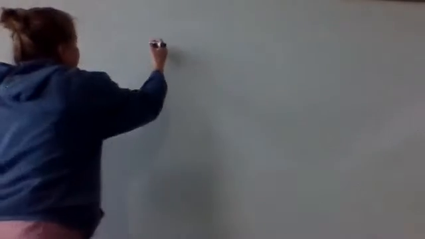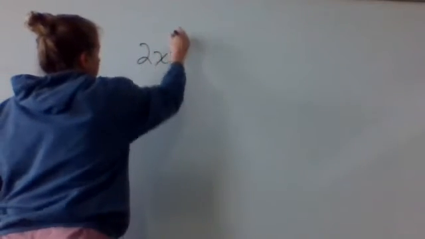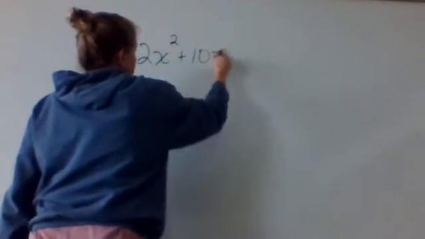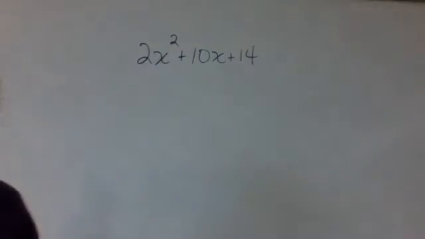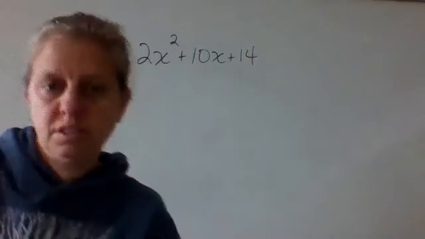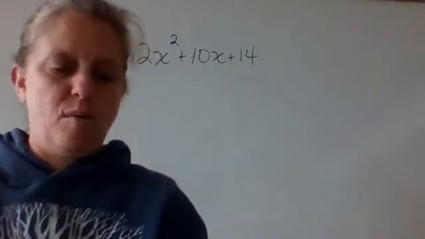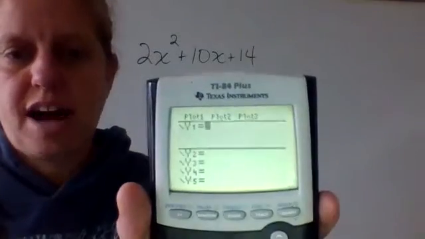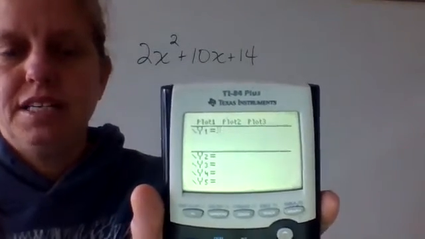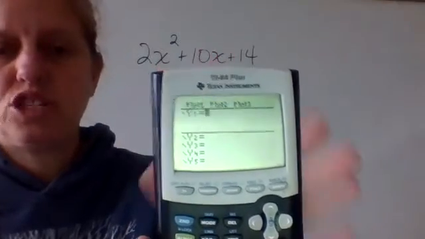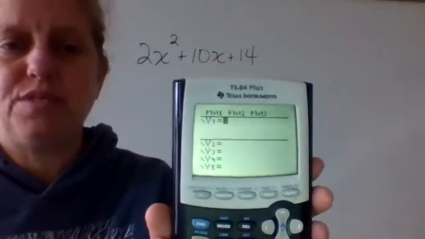All right, number 3. The function is f of x equals 2x squared plus 10x plus 14. Okay, it's going to ask me all the same questions. So I'm going to go to my y equals, clear it out. Type in 2x squared plus 10x plus 14.